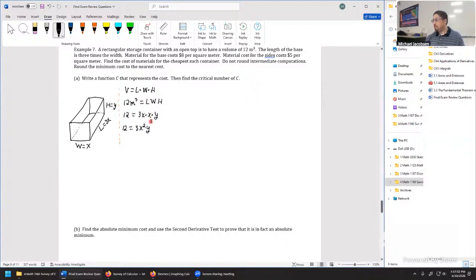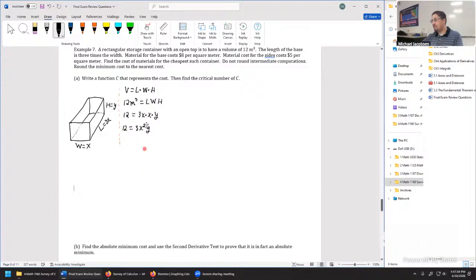And let's make kind of a clean approach on this. When we did optimization and we built functions, oftentimes we need to get into one variable, and the y variable is the odd one out. It pays to do this right here. Let's just solve for y right at this step. We can divide by 3x squared and say y equals 12 over 3x squared.